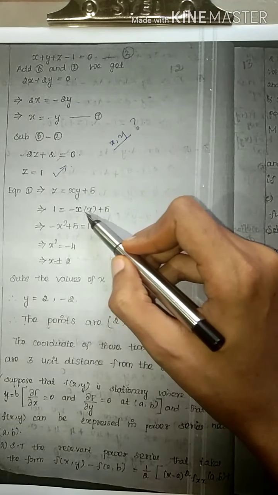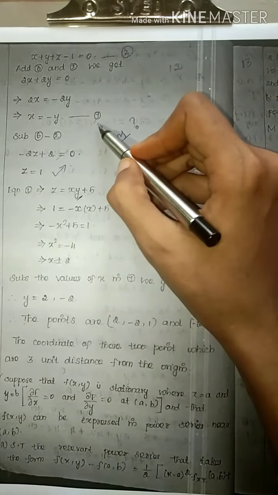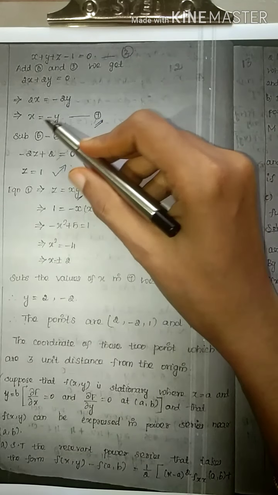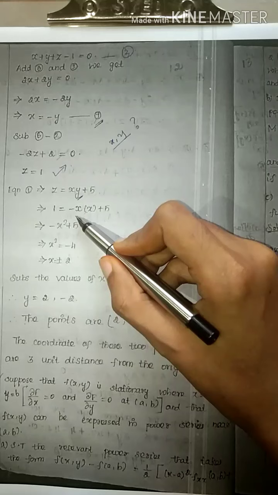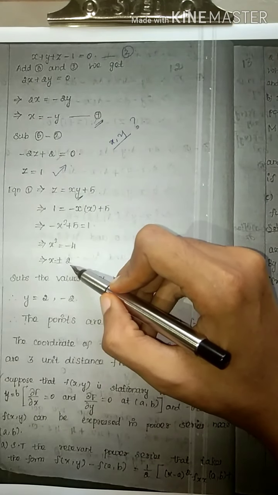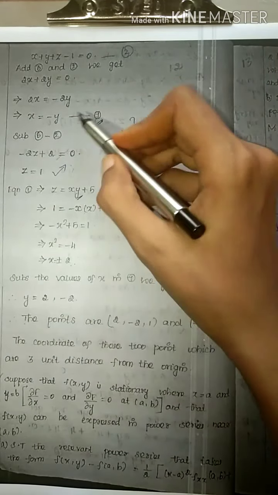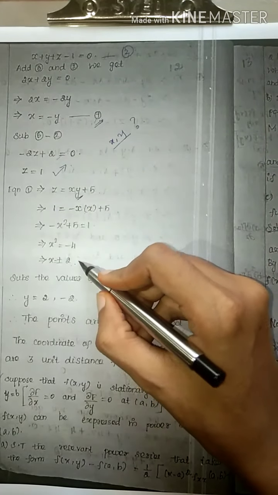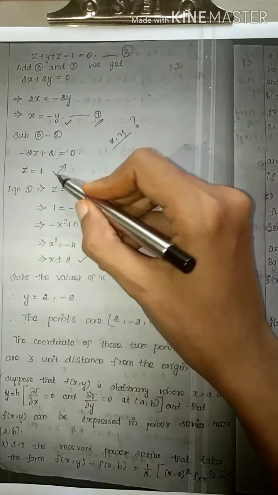So minus x into y. Here in this equation 7, you got the value of y as minus x; substitute, which is equal to 5, so x is equal to plus or minus 2. Then you can substitute this in equation number 2, so that you will get the value of y. So we got x, y and z.